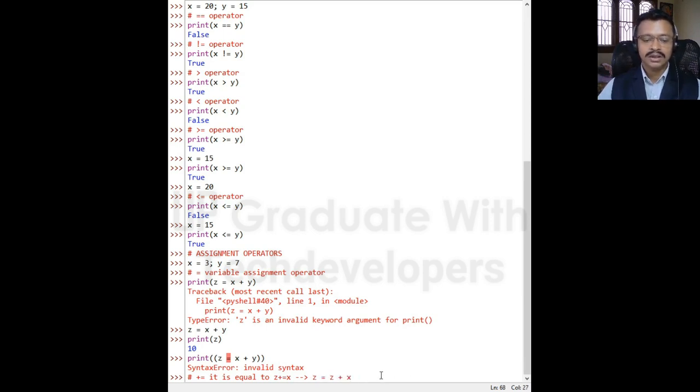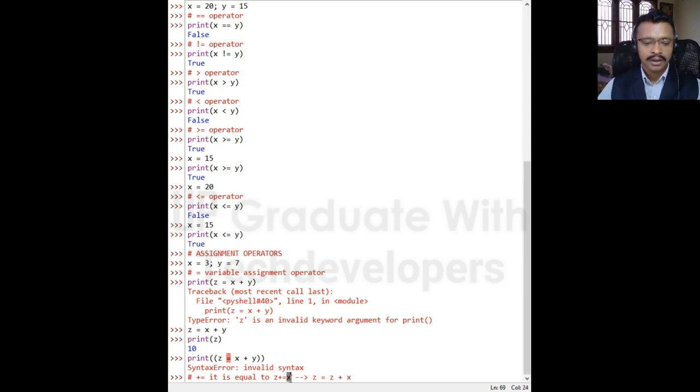How to read this is, it adds the right operand to the left operand. Right operand is nothing but x. So here is the operation.